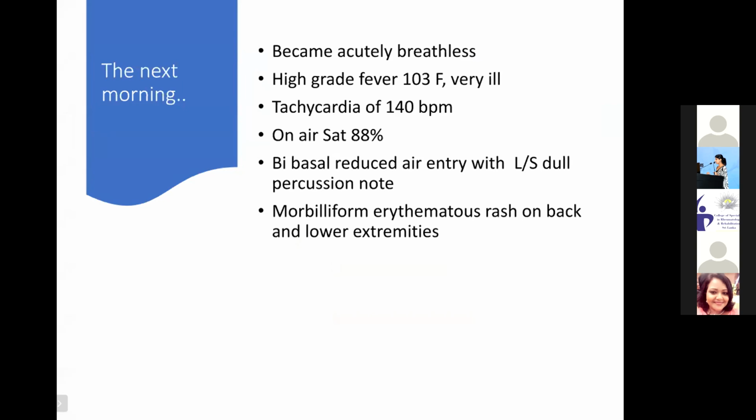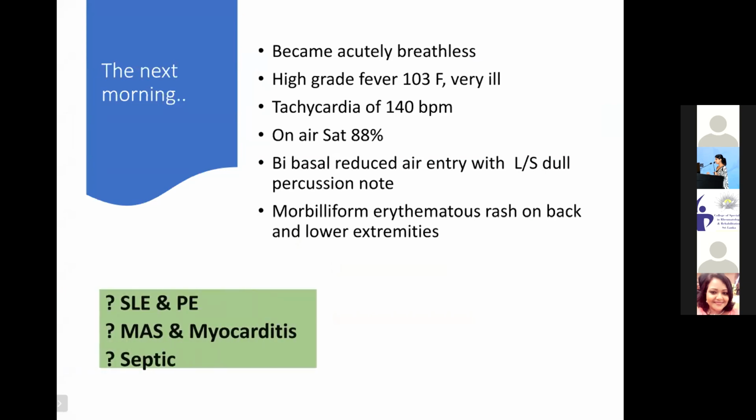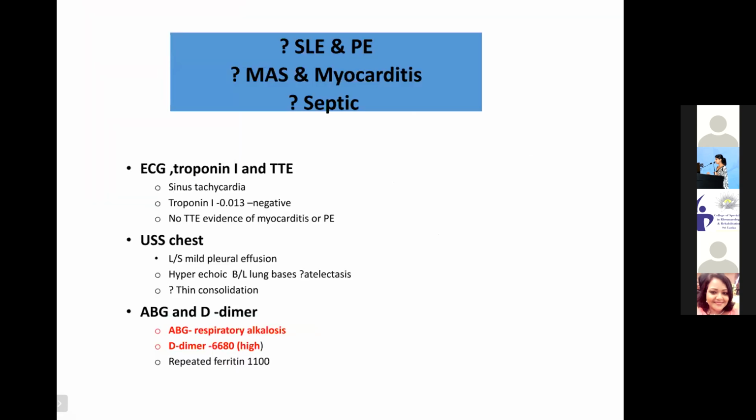We had several possibilities. Whether this is SLE and pulmonary embolism, macrophage activation syndrome and myocarditis, or whether she's septic. So we investigated along these possibilities.